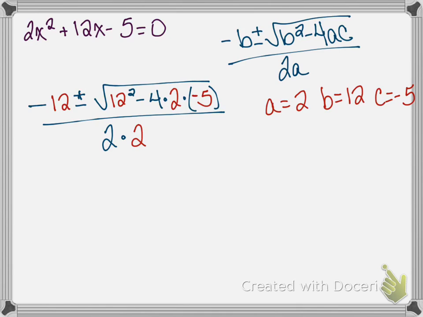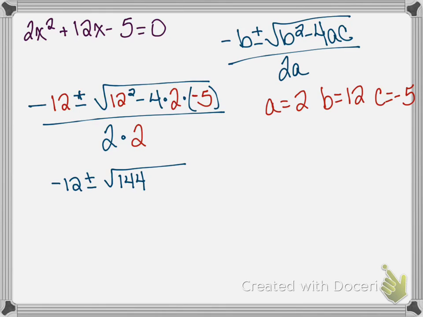So when I simplify, I get negative 12 plus or minus 12 squared, which is 144. Negative 4 times 2 is negative 8.